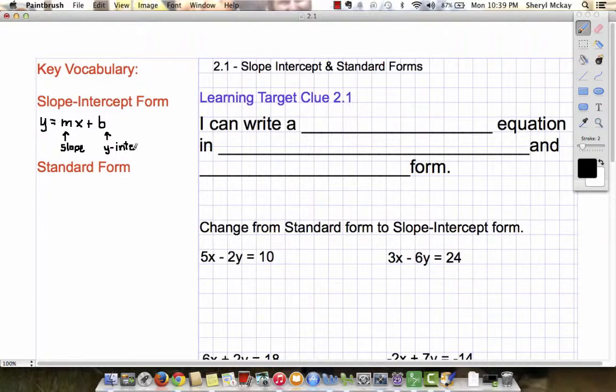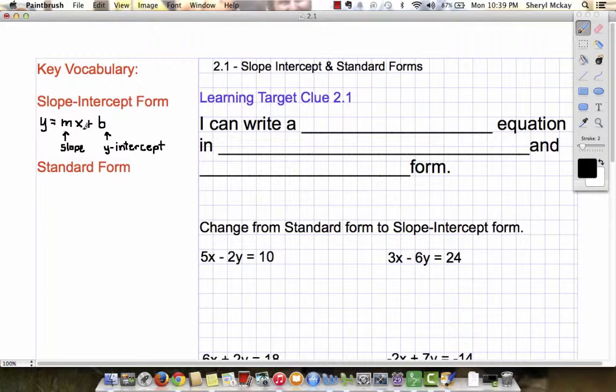And those are usually constants. Sometimes the slope is a fraction like 1/2 or 2/3. Sometimes it's just an integer like the number 2 or 3, but we can write it as a fraction, 3/1. And the b is also a constant.